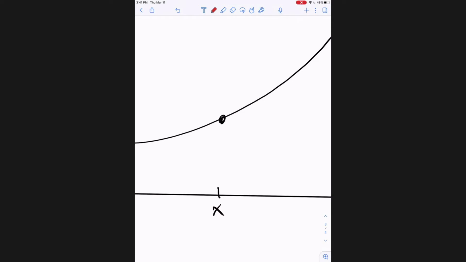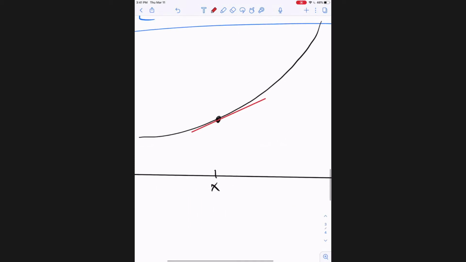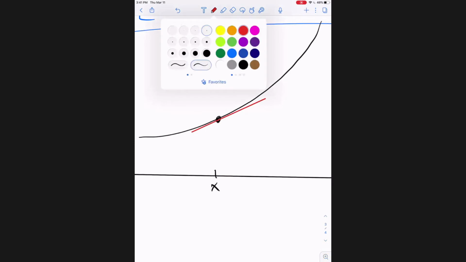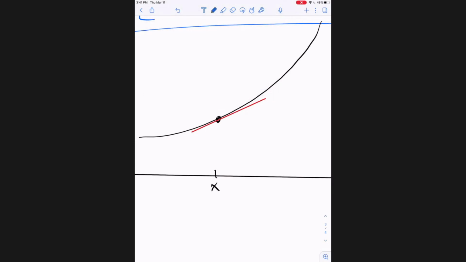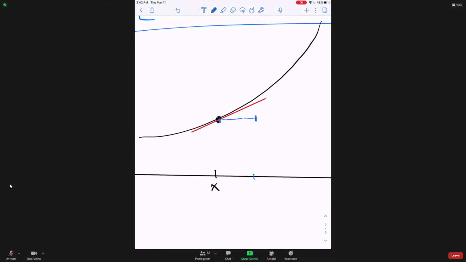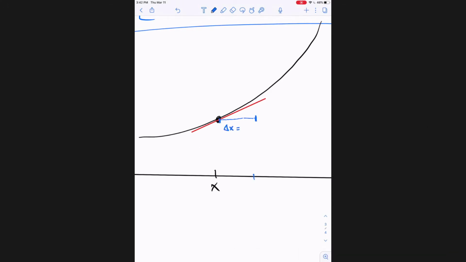All right, there we go. That's good enough. So there's a tangent line. And if I go out further here, this distance, we're going to call it delta x, which is equal to dx.